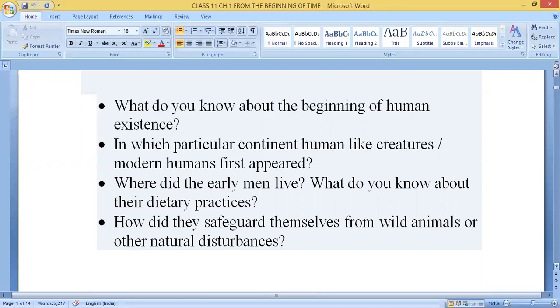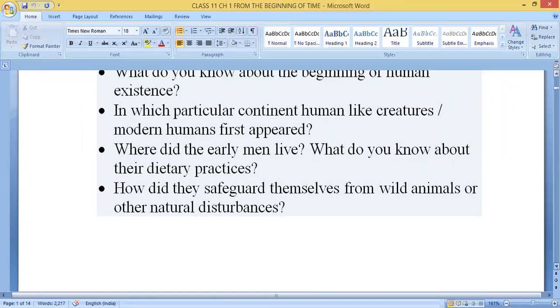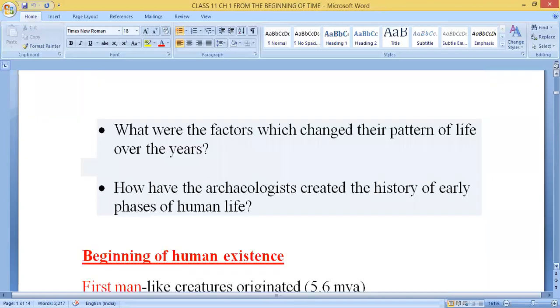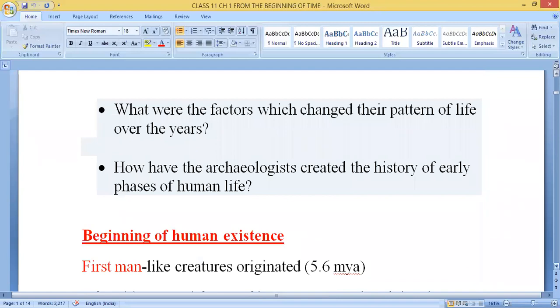How did they protect themselves from different wild animals or other natural calamities or disturbances? What were the factors which changed their pattern of life over the years? How have the archaeologists created the history of early phases of human life? Well, children, we will definitely be trying to get the answers to these questions with the help of this chapter. Let's see to what extent we become successful.